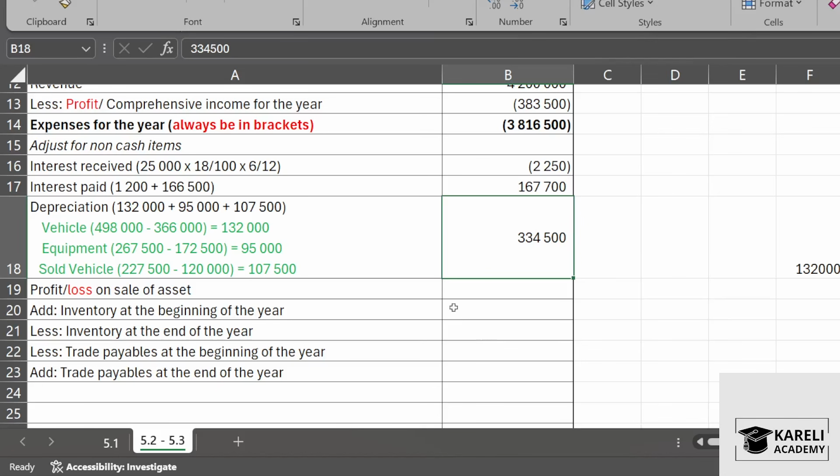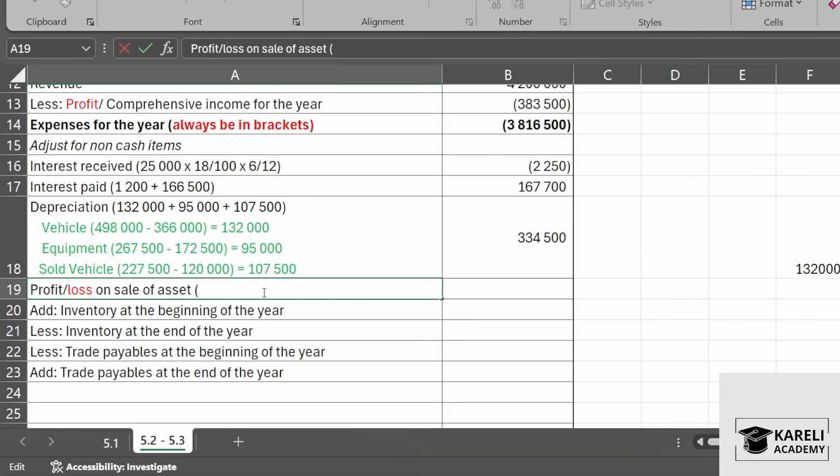And then we need to indicate whether we got a profit or a loss. How do we do that? To find that, remember the current value of your asset will be called the carrying value. Carrying value is cost price minus accumulated depreciation.